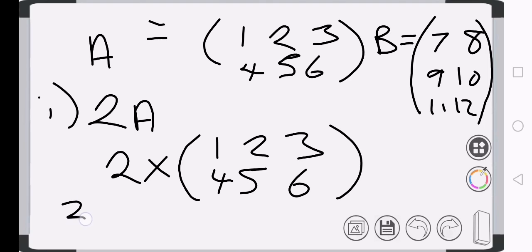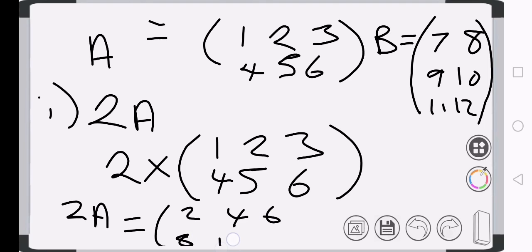So 2A will be equal to 2, 4, 6, 8, 10, 12. This is because it's a scalar and it's multiplying by each number or each element in the matrix. It's quite simple. I hope you've seen what's happening there.